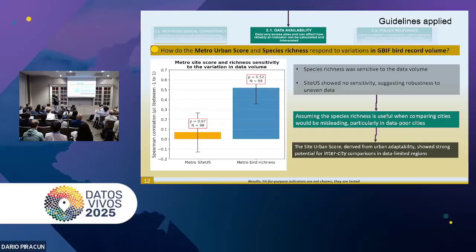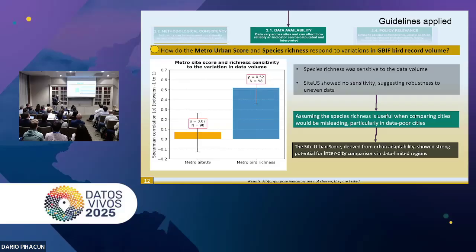Then I look at data availability. Again, coming back to the guideline, you need to define the criteria you want to test, or the objective of the test. So in this context, I look at how the metro urban score, remember, the adaptability score from each bird community present in that city, and species richness respond to variation in bird records.